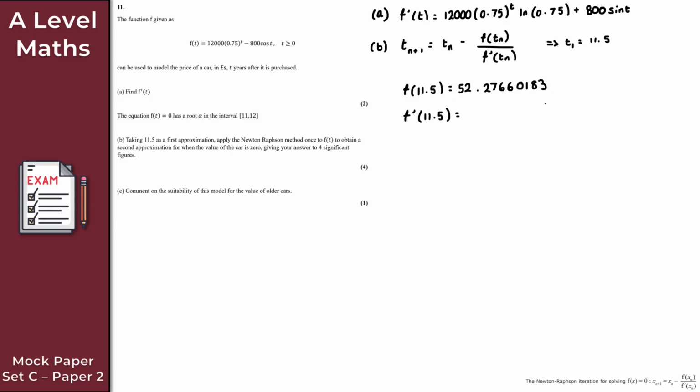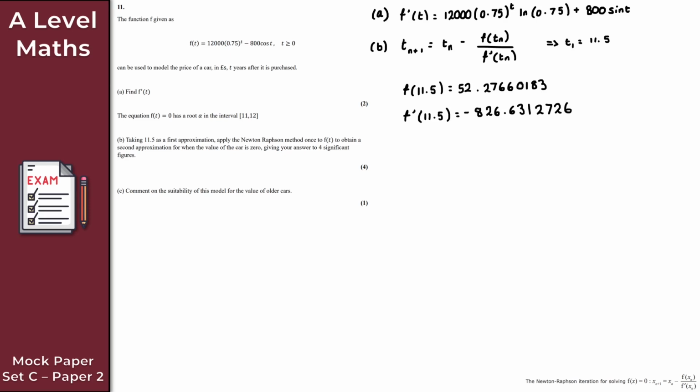So this here then is every figure given on my calculator display. And then for f prime of 11.5 here, again, if you do this correctly, what you should get here is minus 826.6312726. And again, this here is every figure as it's given on my calculator display.